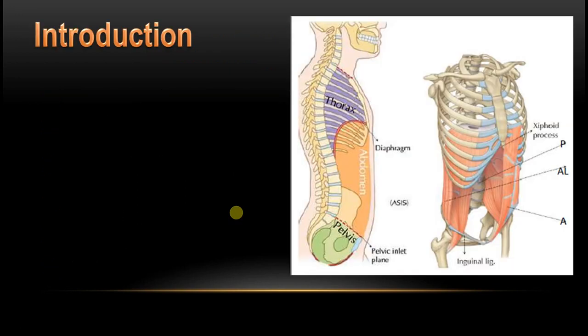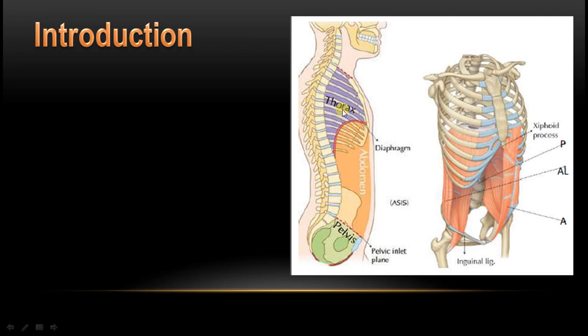Now, coming to the abdomen. A simple definition of the abdomen, the simplest definition, is the lower part of the trunk. So the upper part of the trunk we have the thorax, and the lower part of the trunk we have the abdomen.